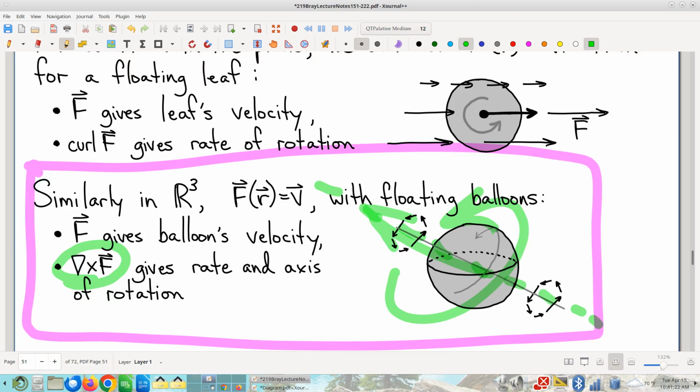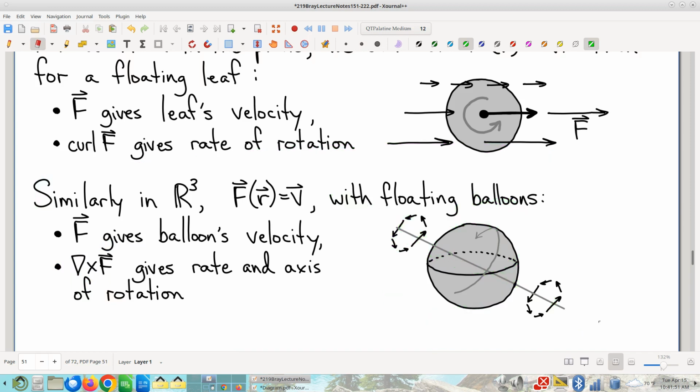Obviously there's other constants involved, and we'd need to know the moment of inertia of the balloon, and probably a friction coefficient between the air and the rubber of the balloon. A lot of little details, but basically a longer curl vector means more rotation. A shorter curl vector means less rotation. So it's totally analogous, just 3-dimensional instead of 2, oriented instead of a scalar. But same basic idea. Is that cool?